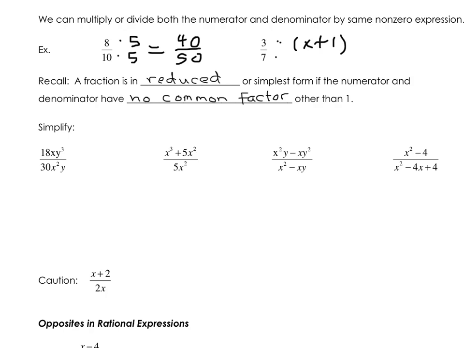Why not? There's a restriction here. What would cause a problem with this? x cannot be -1. So that would give us 3 times x plus 1, or 3x plus 3, over 7 times x plus 1.